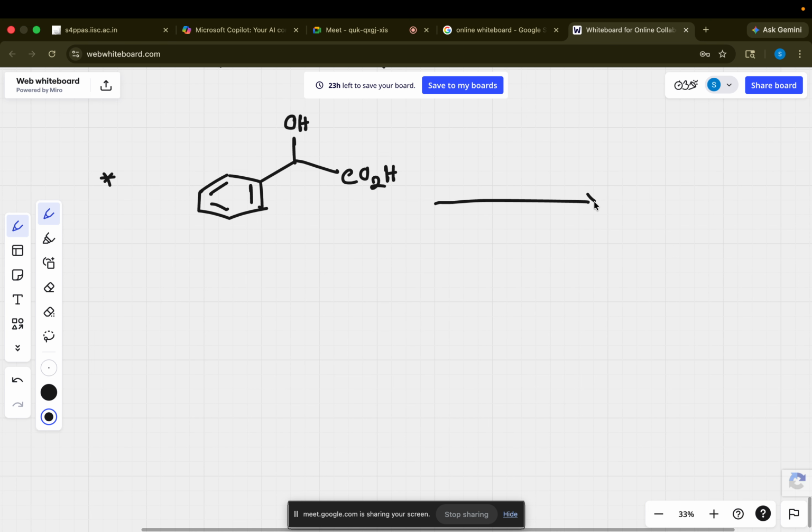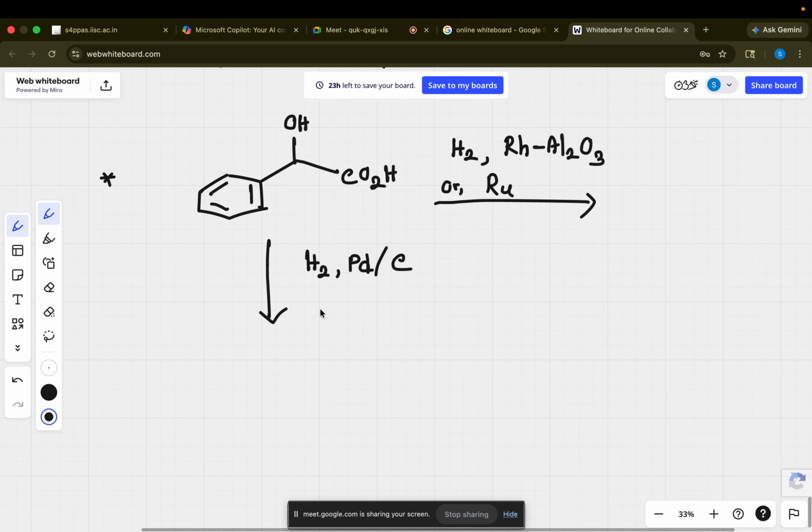So suppose you have this, and here I am adding hydrogen in presence of rhodium alumina, Al2O3, or you have ruthenium. You can use any of these reagents, or you can also use hydrogen in presence of palladium carbon.